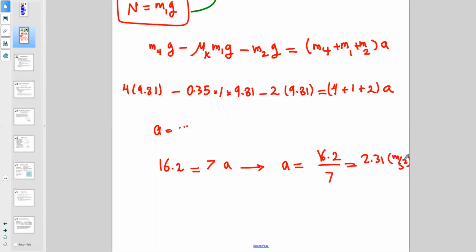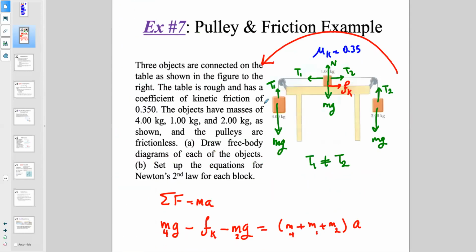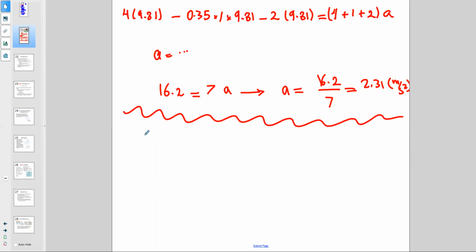Now, if that's the case for the whole system, I can apply this acceleration to each object individually. For example, I can apply it to this object, right? The Newton's second law for the 4 kilogram object. So I can find the tension afterwards. So to find T2 and T1, what we do is to apply the same Newton's second law to each object.